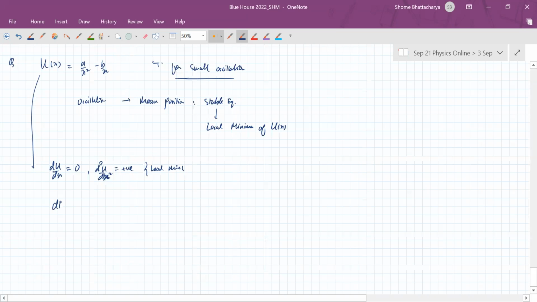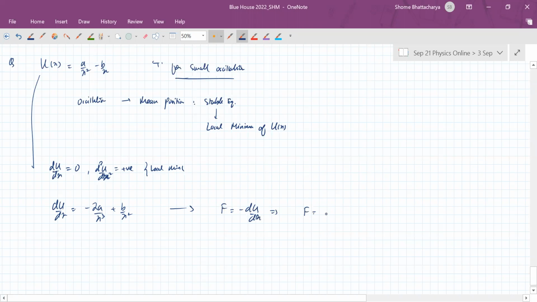Okay. So du by dx is differentiation of this. So minus 2a by x cube plus b by x square. Okay. So the force is minus du by dx.